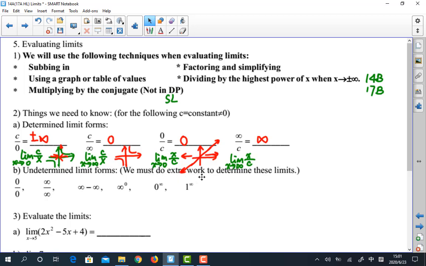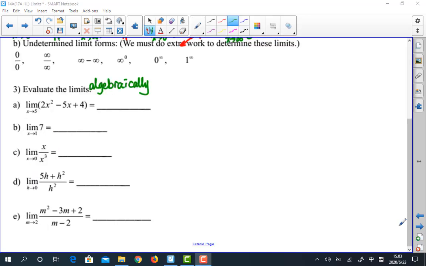You need to do actual work to determine those limits then. Right now, let's apply the above knowledge in 1 and 2 in this section to help us evaluate the limits algebraically.